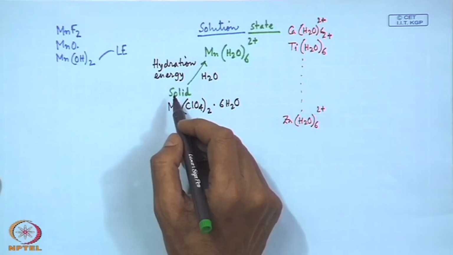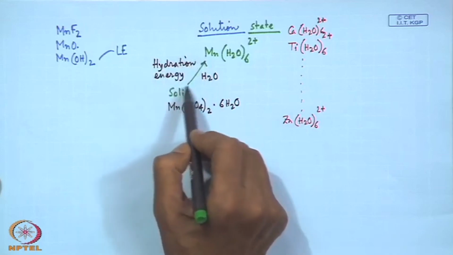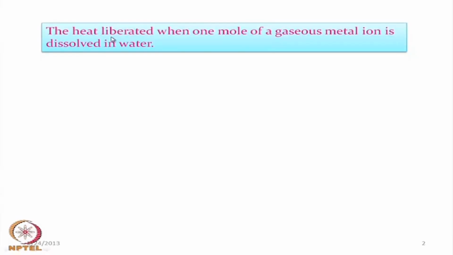So, from the thermodynamic point of view, what is this hydration energy? Hydration energy is nothing but the amount of heat energy which is liberated when 1 mole of gaseous metal ion is dissolved in water. So, the calculations are based on the standard reference of the metal ion in the gaseous state.